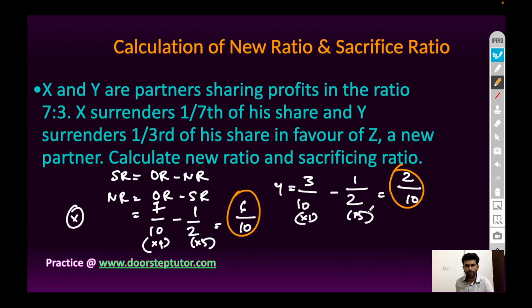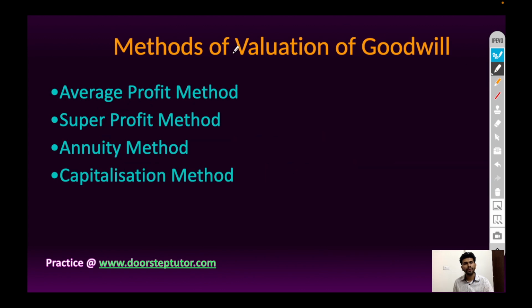The new ratio of X and Y is 6 is to 2 and balancing will be of Z, that is 2. 6 is to 2 is to 2, that is 3 is to 1 is to 1 will be the new ratio. Now let's start with the methods of valuation of goodwill.